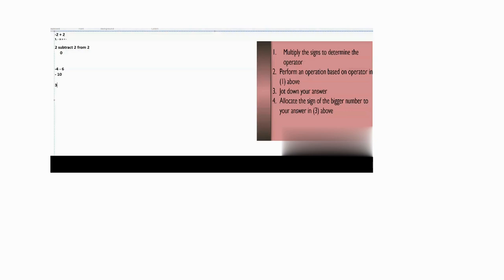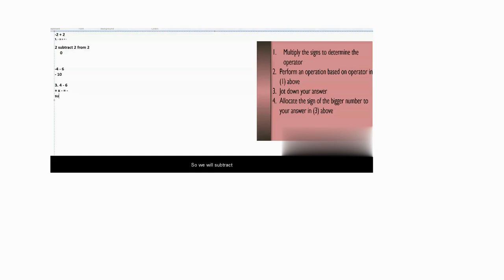Okay. Number 3. 4 minus 6. So the first step should be a plus times minus, which gives us minus. The operation is going to be a subtraction operation.